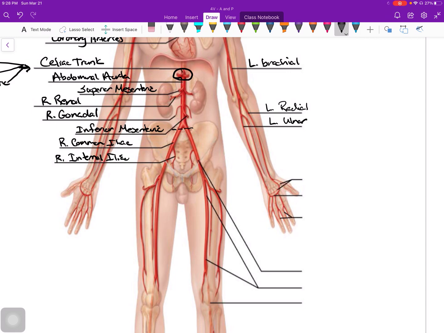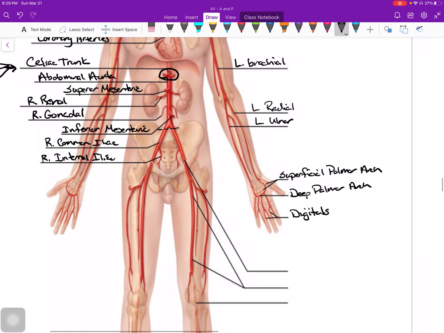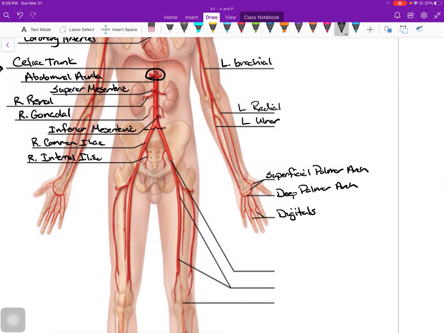So this is going to be my superficial palmar arch. Then this would be my deep palmar arch. And these are going to my fingers, so these would become my digital arteries. My digitals.